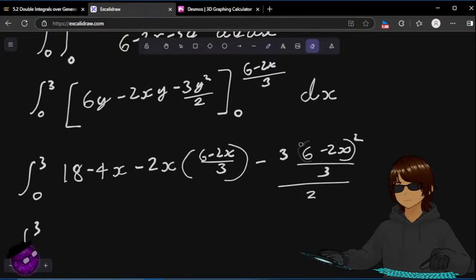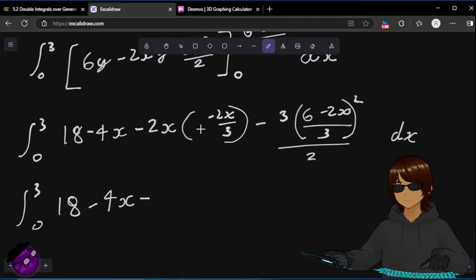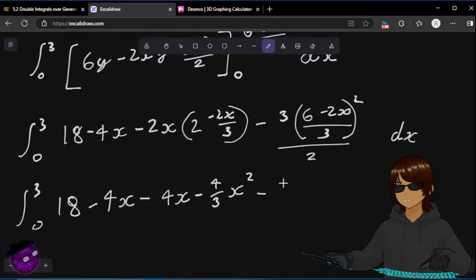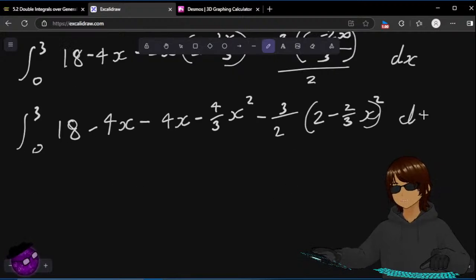Also, this entire thing is squared. So 18 minus 4x minus, let's write 2, so minus 4x minus 4 over 3 x squared minus 3 over 2. Am I heading in the right direction?